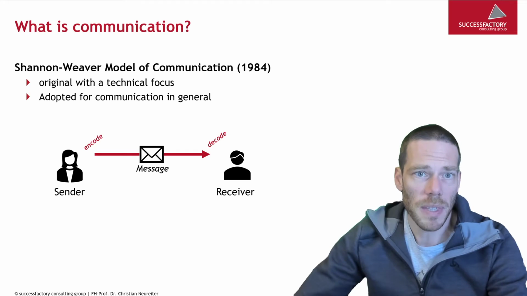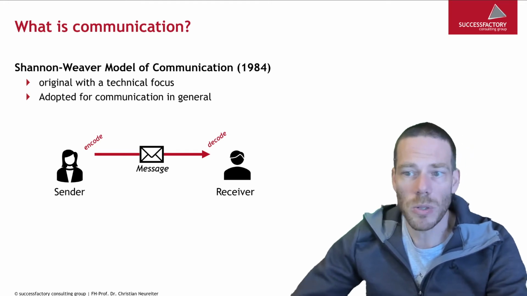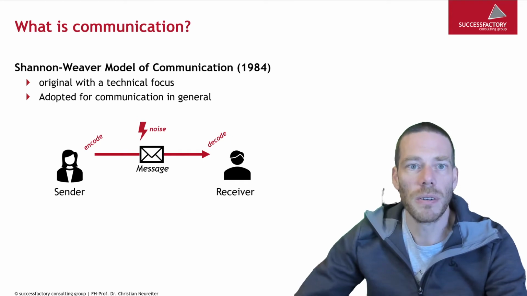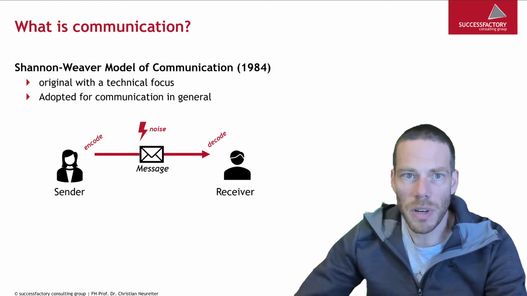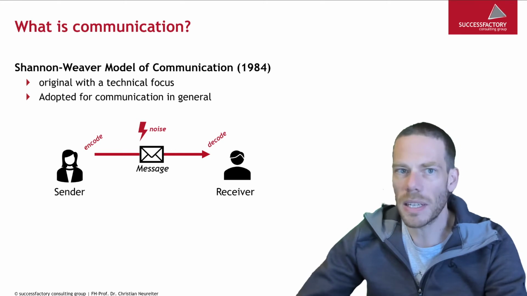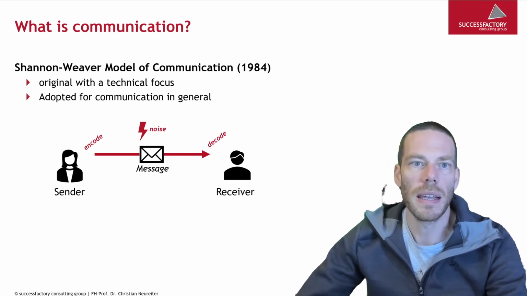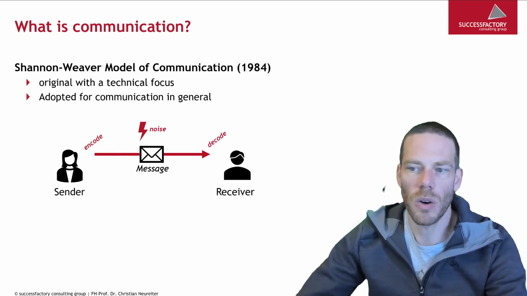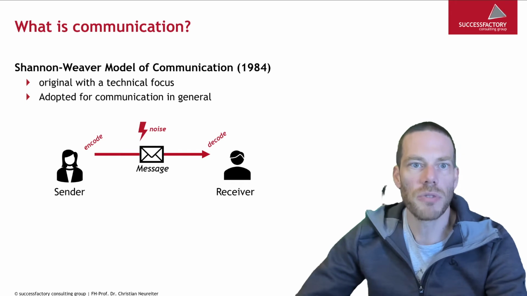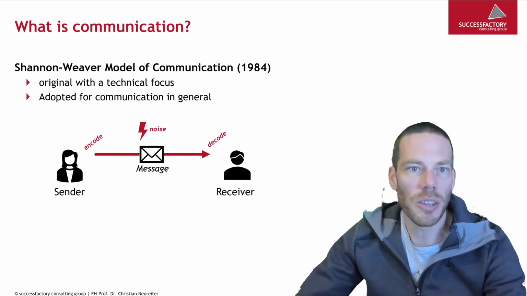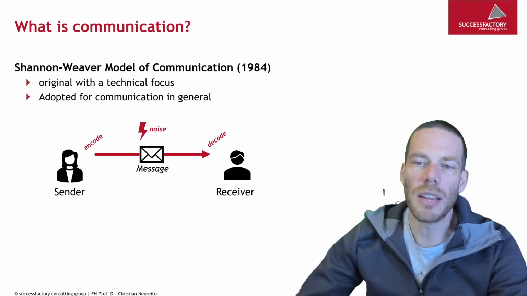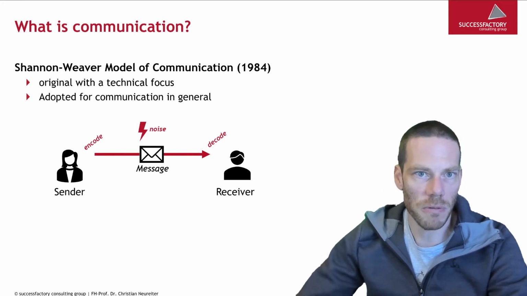Unfortunately, the transport of the message is also confronted with some noise. So in physical environments, for sure, we know that people become tired, they are distracted, whatever. And the same thing is valid for remote settings. So we always have some noise that covers our message. And we try to increase the signal noise ratio, so the distance between the message that we want to transport and the noise that participants are confronted with.